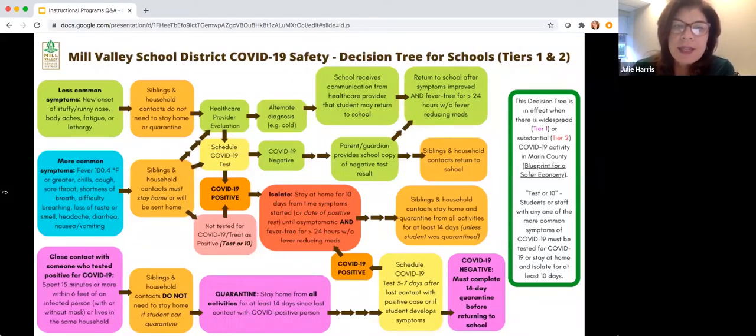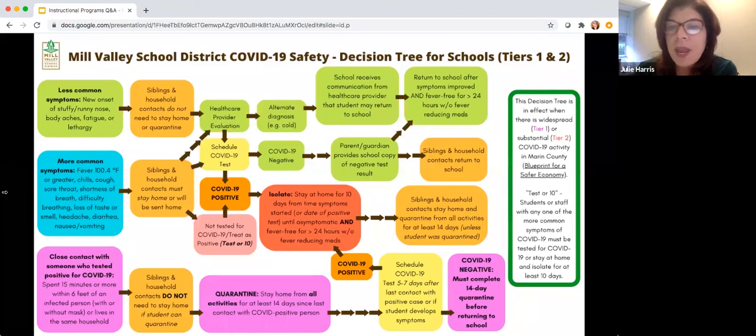The siblings in the household contacts must stay home or will be sent home if a student has those symptoms. At that point, you would schedule a COVID-19 test, or if you are not tested, you treat it as positive. So it would be the test or 10, which goes into remaining students that test or 10.